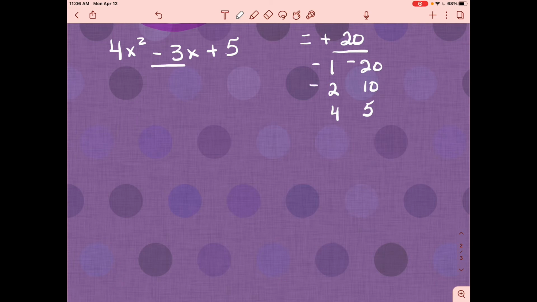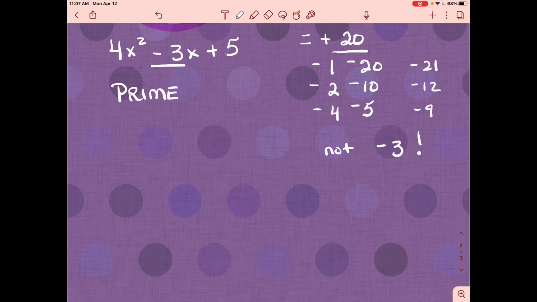So I have to make both of these negative. And I have negative 21, negative 12, and negative 9. None of that are negative 3. So what has happened is this is a prime trinomial, and it cannot be factored. This does happen.